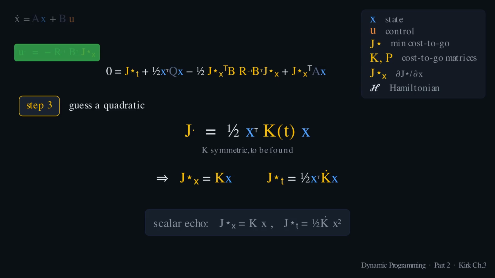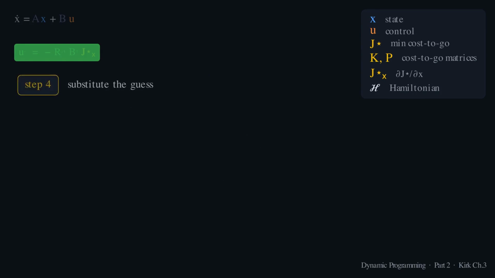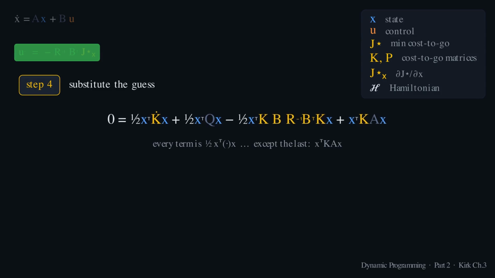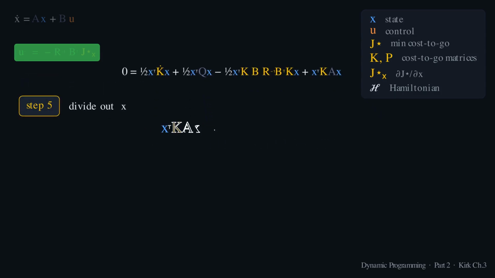Its gradient is kx, the matrix echo of k times x. Step 4. Substitute the guess. You get 1/2 x transpose k dot x plus the q term minus the k b r inverse b transpose k term plus x transpose k ax.